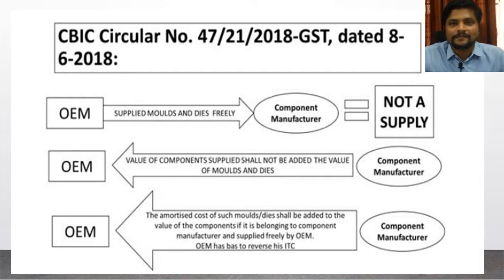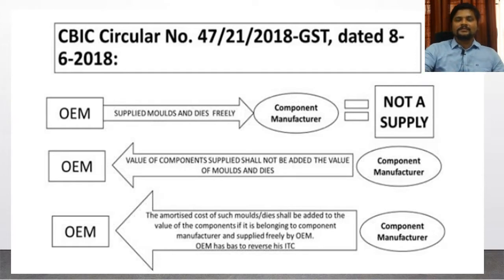But if the molds and dies are the responsibility of the OEM, then any supply made by the OEM to the component manufacturer is not to be treated as supply. Point number one. Second, the component manufacturer supplies certain goods to the OEM using the molds and dies. That value also will not include the cost of the molds and dies.